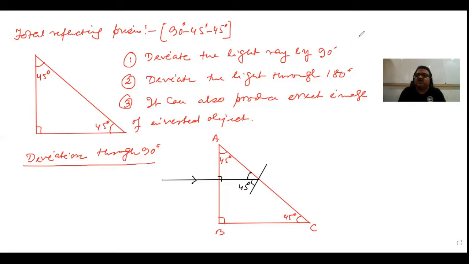And for the glass-air combination, the critical angle is 42 degrees.